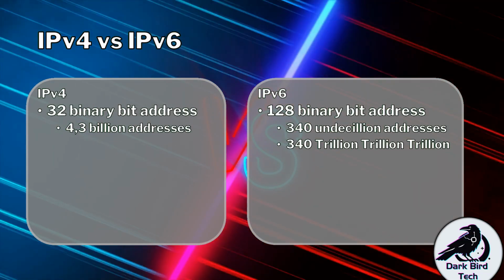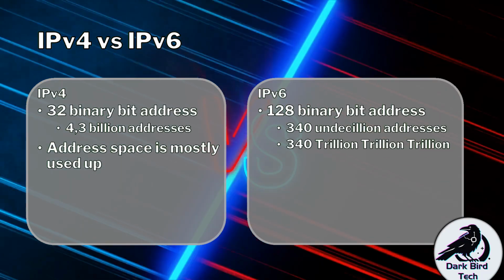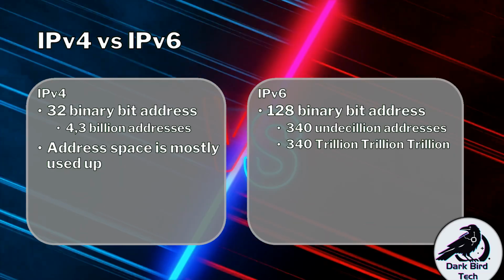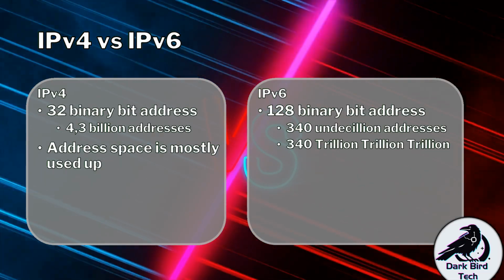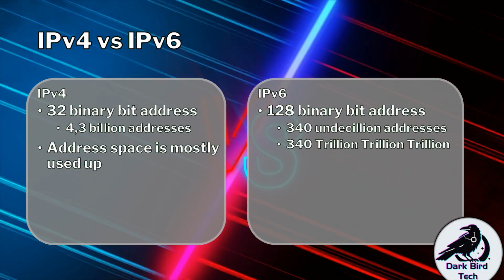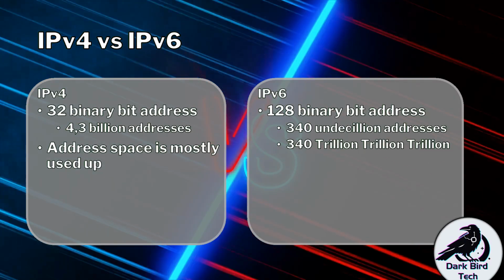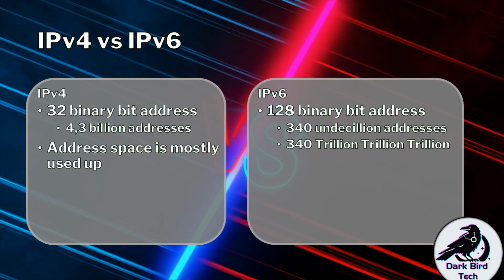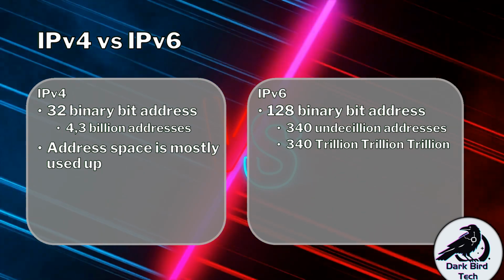Now in terms of usage, IP version 4's addresses are mostly used up now. Although we do have some things that make life easier, like the private addresses we spoke about previously, we do have limits, and we have hit them, or are hitting them, depending on who you listen to.